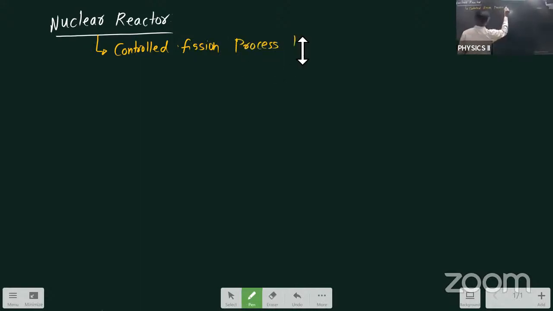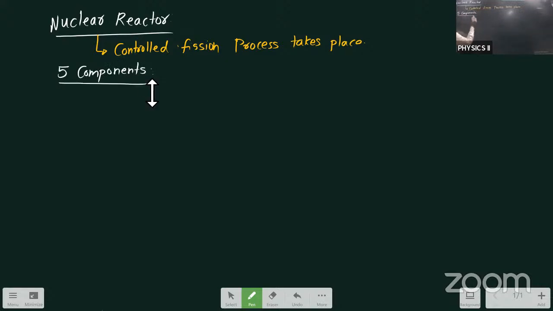Further, we discussed the components of a nuclear reactor. How many components were there? We have seen that there are 5 components. What are those 5 components?